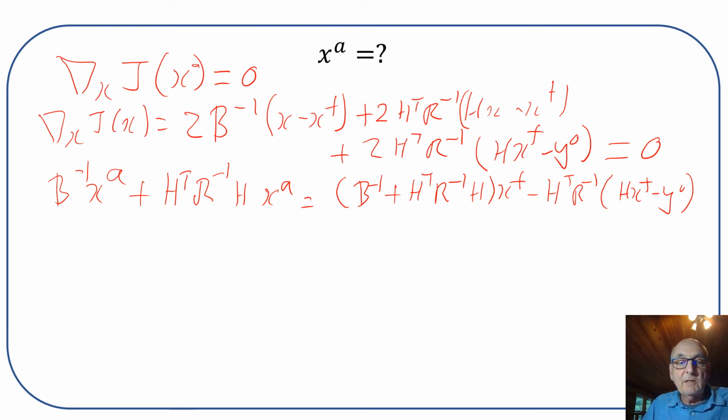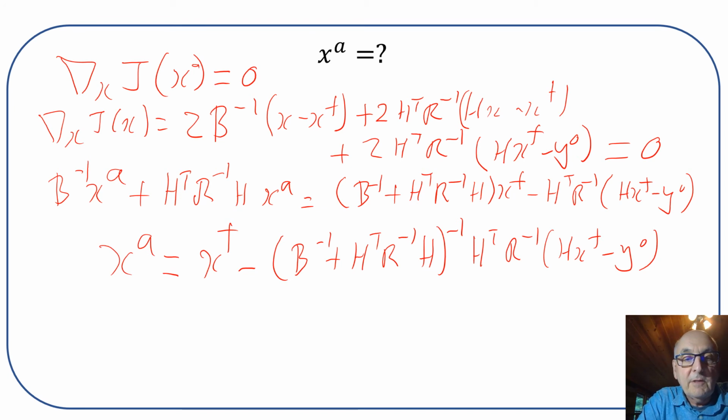It's just like sigma 1 squared over sigma 1 squared plus sigma 2 squared, but now you've got the b inverse instead of 1 over sigma 1 squared, r inverse instead of 1 over sigma 2 squared, and you've got the h's because of the dimension of the observation space being fundamentally different. If you work that out, you get this expression for xa equal to the forecast minus this thing times hxf minus y0.